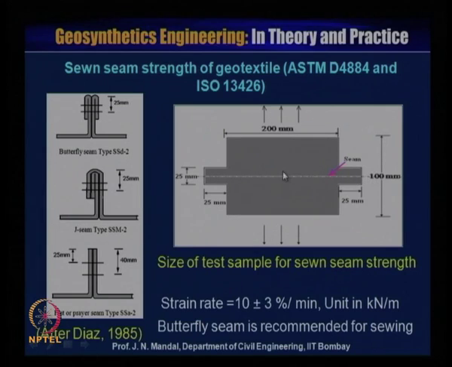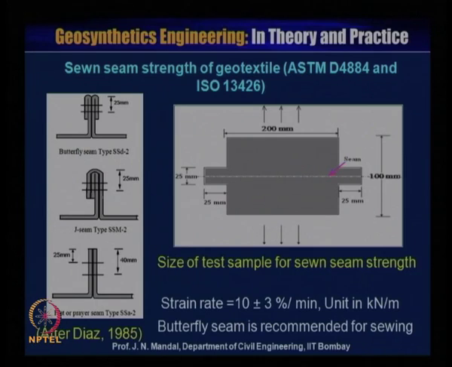The sample has been joined by stitching, and it is tested in a universal testing machine at a strain rate of 10 plus minus 3% per minute, and the unit of the seam strength is kilonewton per meter.